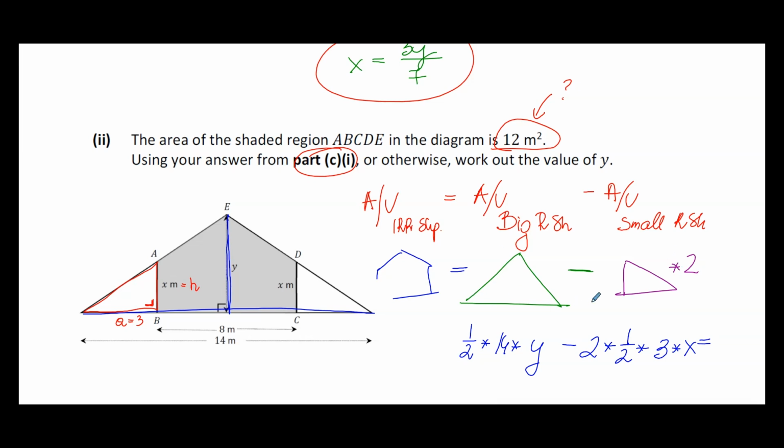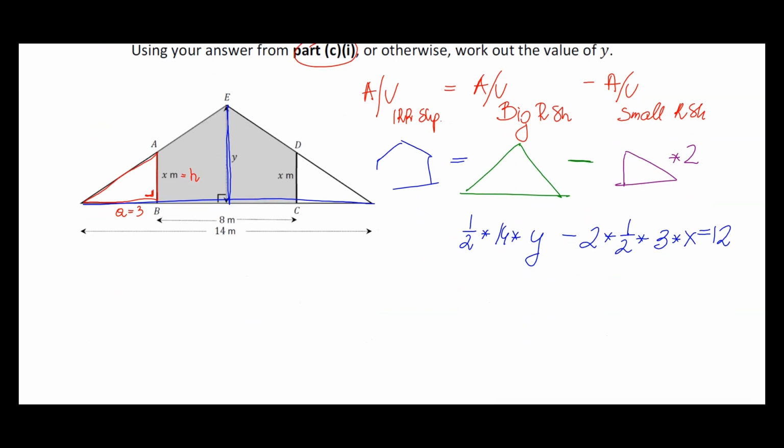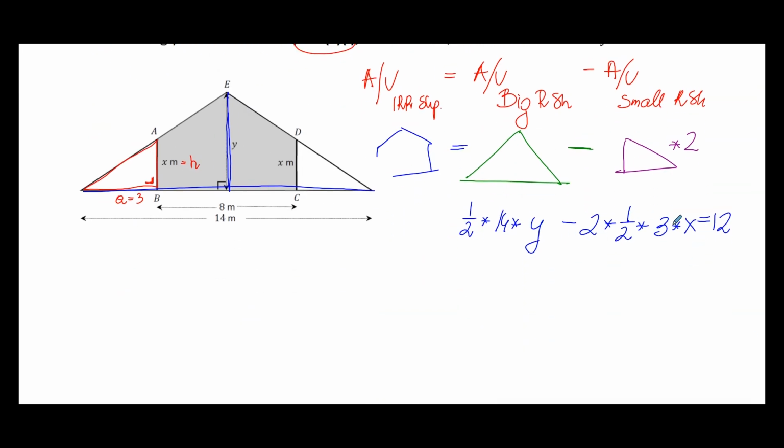So we know that that area is 12 square meters. When you have an equation that has two letters, you can't solve it. So that's the reason why we've done the previous part, saying that x is equal to 3y over 7, because equal sign tells me x is the same, and I can replace that.